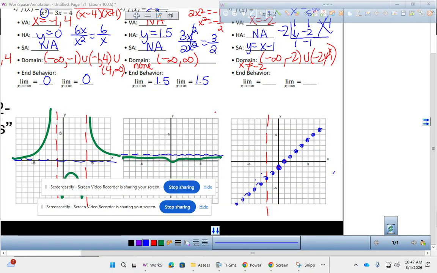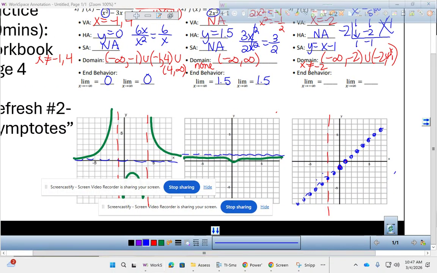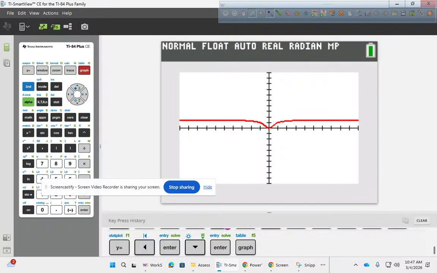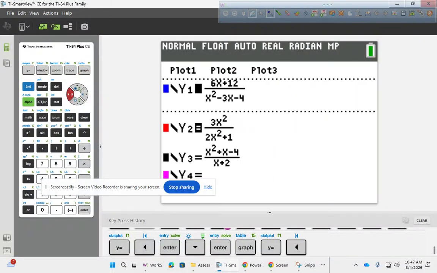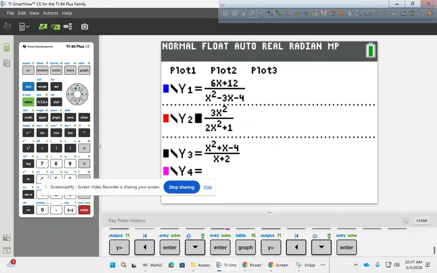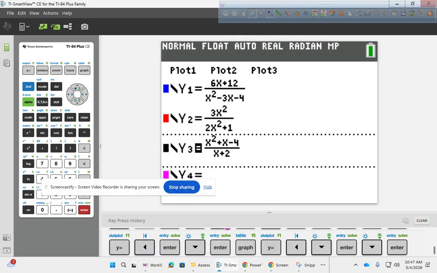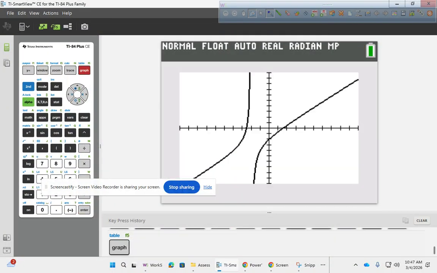All right, so that's what my slant asymptote looks like. And you'll see the big picture here is when I hit graph for this, my graph kind of rides along the vertical asymptote and the slant and creates this image.